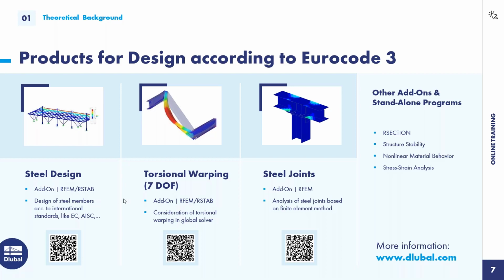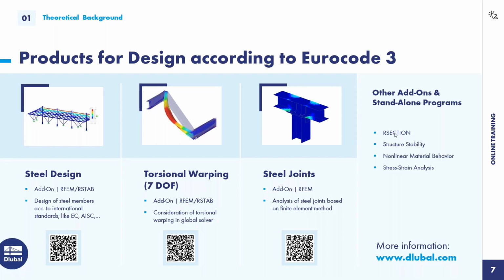You can design steel members according to international standards, such as Eurocode, AISC, and so on. Then there's Torsional Warping, where you can also consider the torsional warping in the global analysis. Then Steel Joints. You can analyze steel joints based on the FE or FEA method.